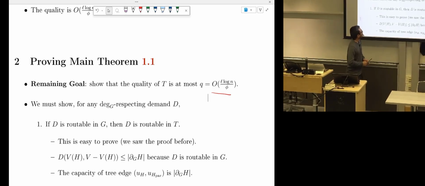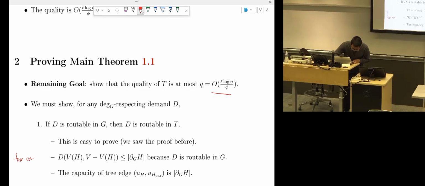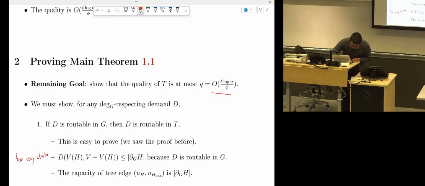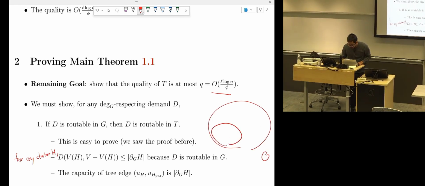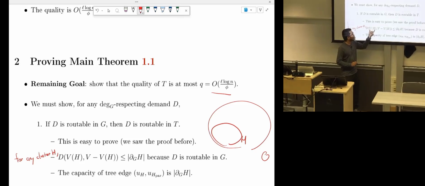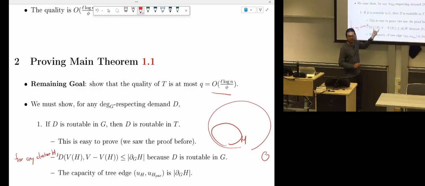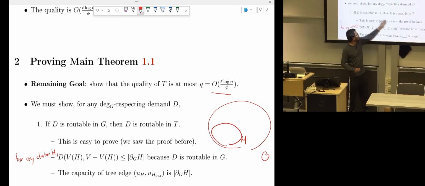We know that D is routable in G. Then if we look at any cluster H, let's say you have a graph and you look at the cluster H, then you know that the total demand that tries to route from inside H to outside H is at most the cut size of H. Otherwise, it cannot be routable in G.